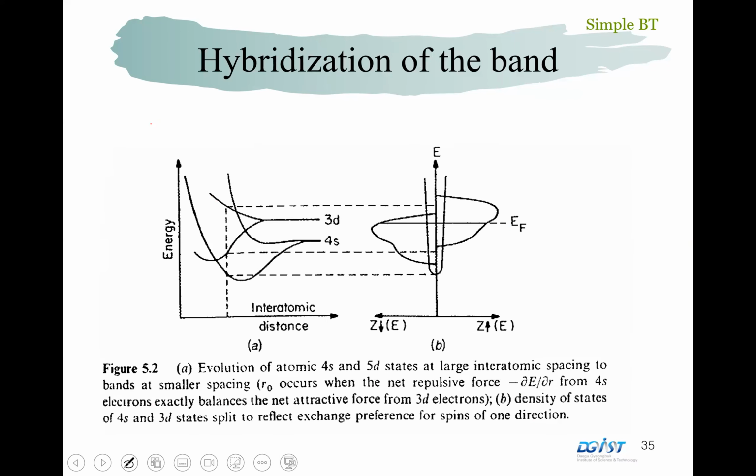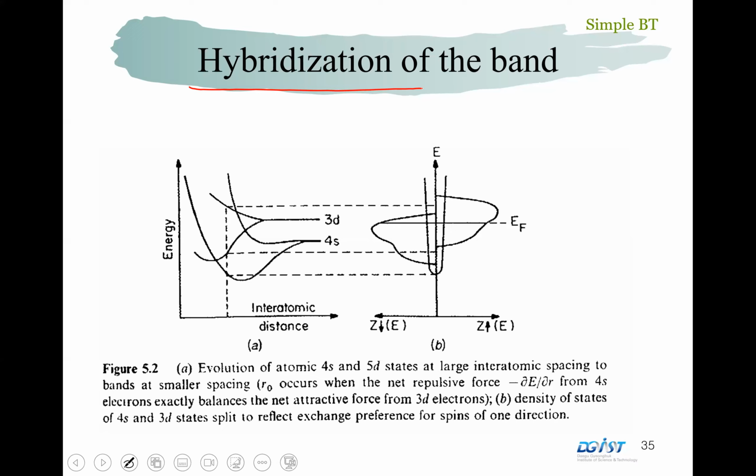Okay, so far I said D band or S band, but in a real system there is no such distinguished band. Usually they are mixed up. That's what you call hybridization, right? In a hydrogen atom, you can say this is an S band and the other one is a P band.